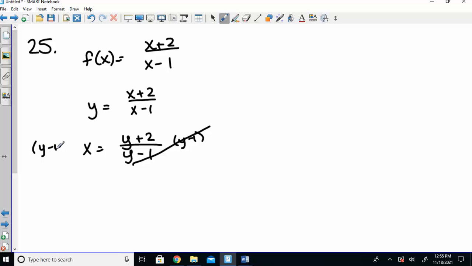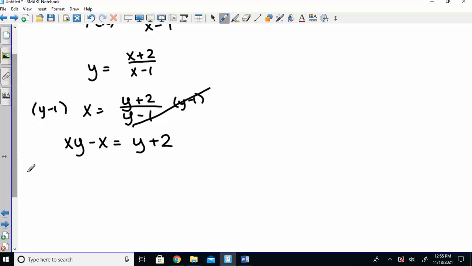So I can multiply by my y minus 1, get rid of the fraction. So I need everything with the y on one side and everything without it on the other. So we can subtract over this y and add over my x.